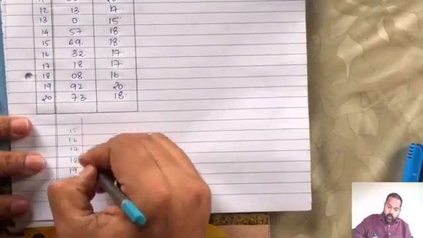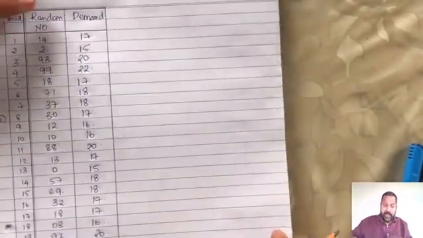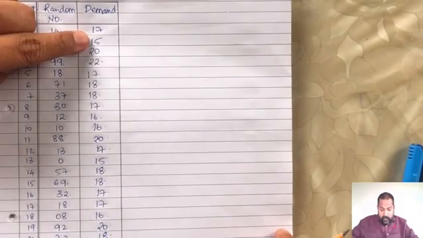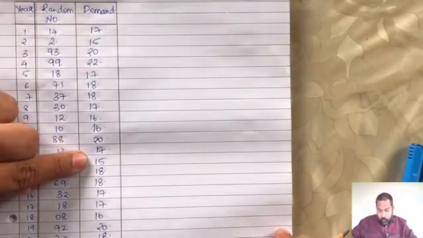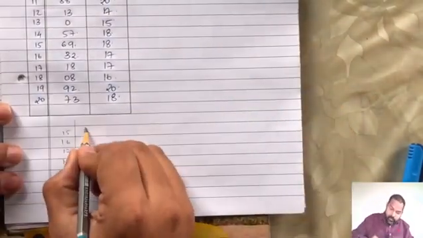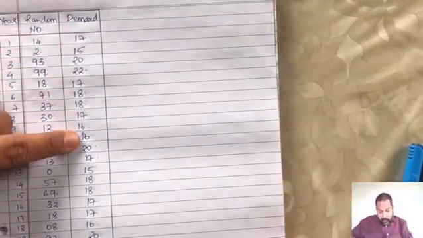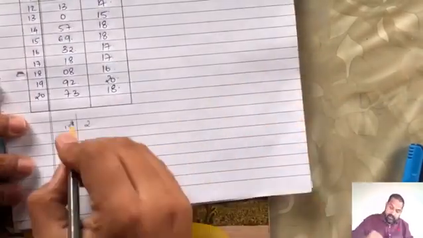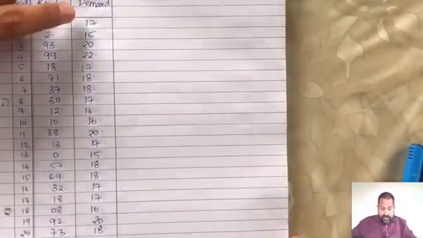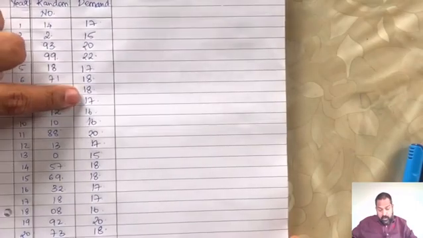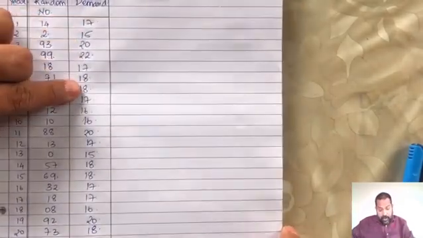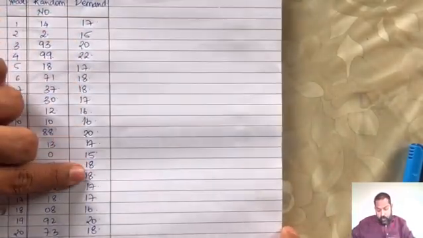In the total of these 20 cycles, how many 15s do you see? Well, 1, 2. I see 2 15s. How many 16s? 1, 2, 3. There are 3 16s. How many 17s? 1, 2, 3, 4, 5, 6. There are 6 17s. How many 18s? 1, 2, 3, 4, 5 18s.